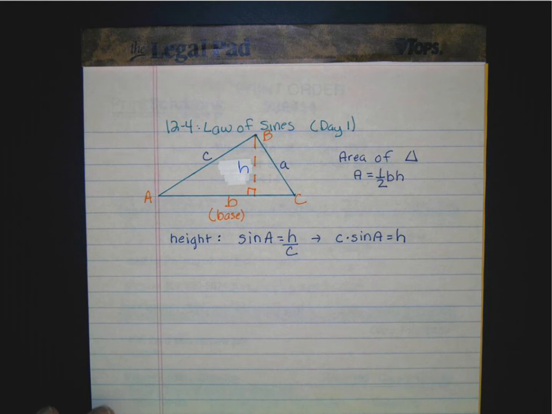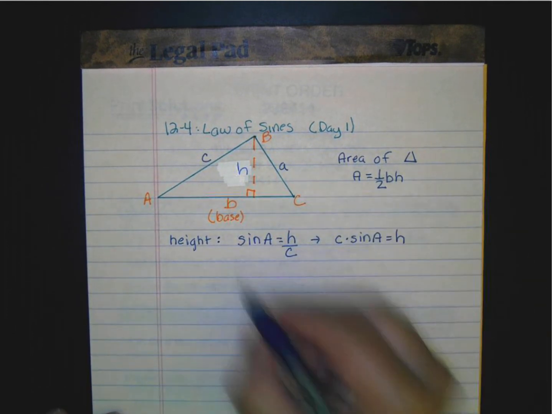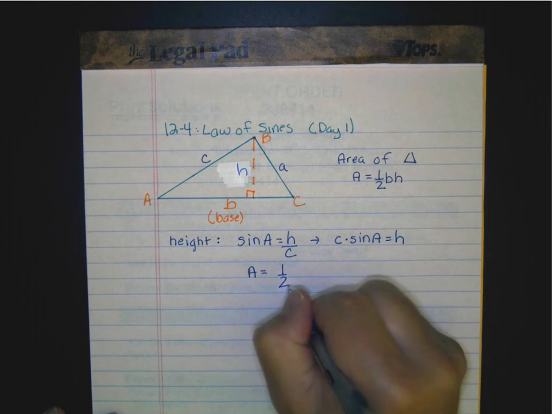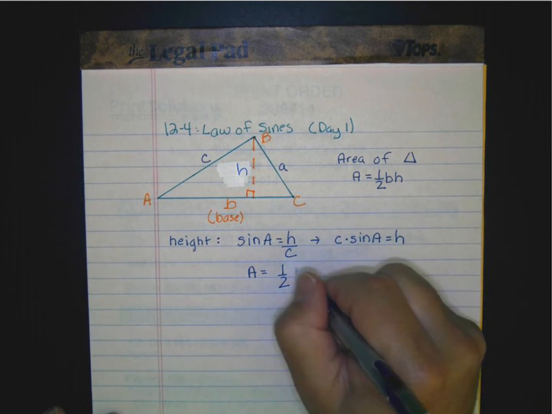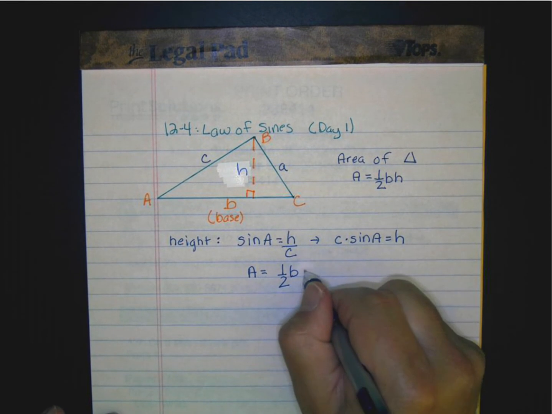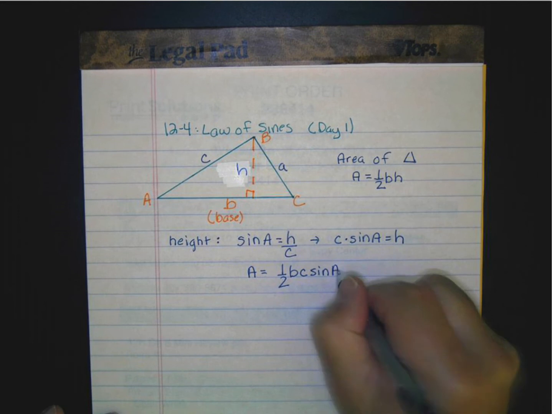So if I plug this into the formula up here, the area of the triangle is 1/2 the base times the height, which is C sine angle A.